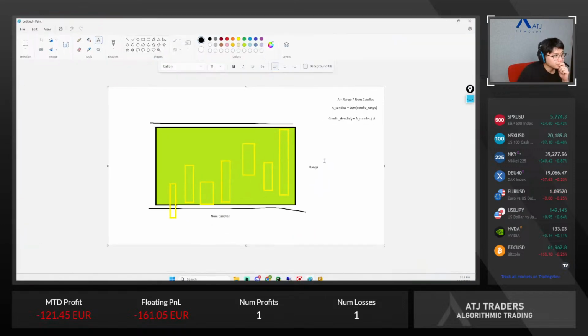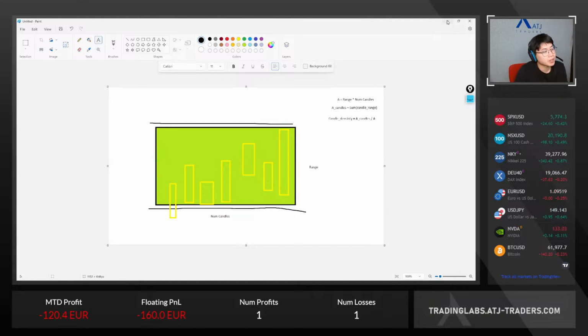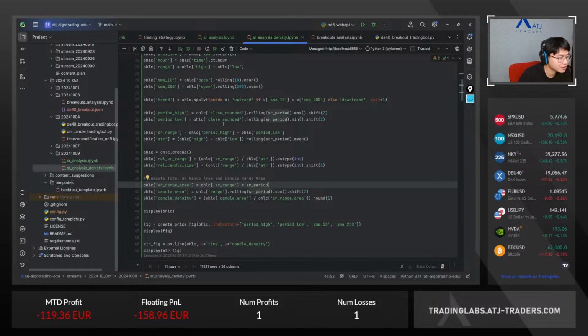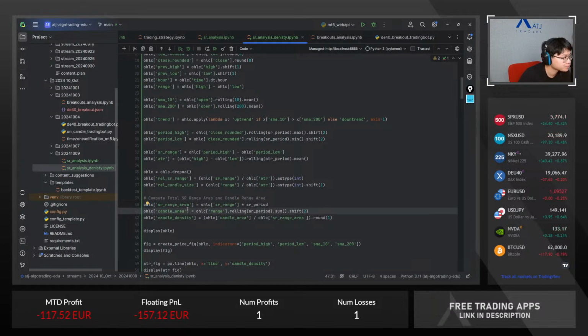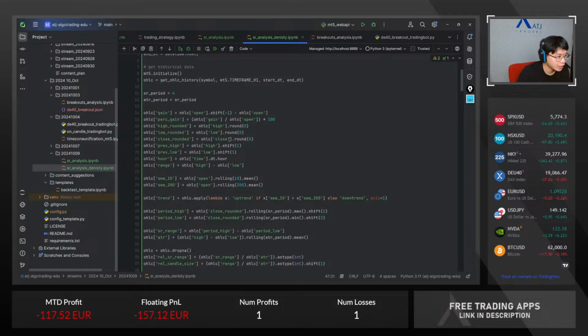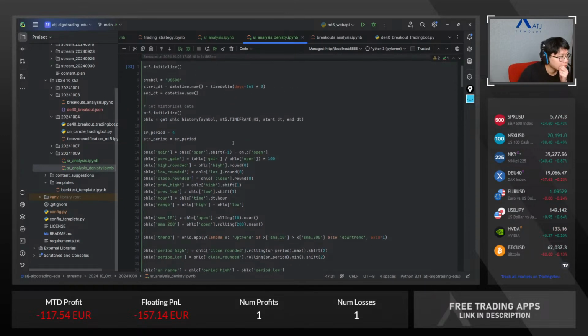Let's have a look at drawing. Range times num candles is a sum of the candle ranges. Oh, I know the problem now. Guys, the problem is, and that's why it's getting confusing, I'm using the close prices for the range calculation, but I'm using the high and low prices for the candle ranges. So instead I should compute the body range, or rewrite the highs and lows based on the high and low prices.